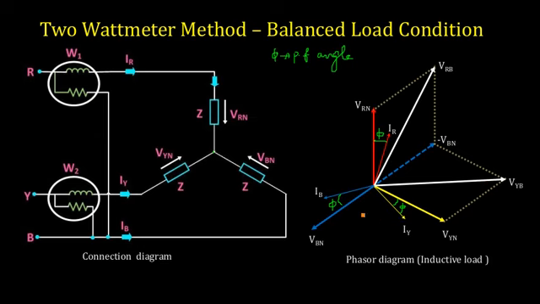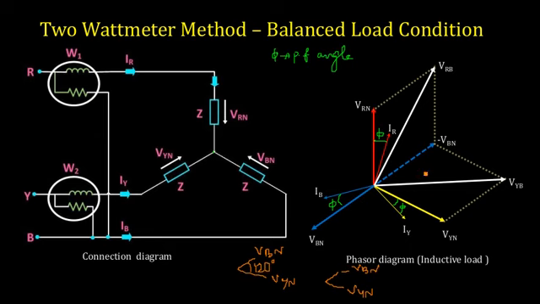Now what will be the angle between VBN and VYN? This will be 120 degrees, that you know. Now what will be the angle between minus VBN and VYN? That is this angle.